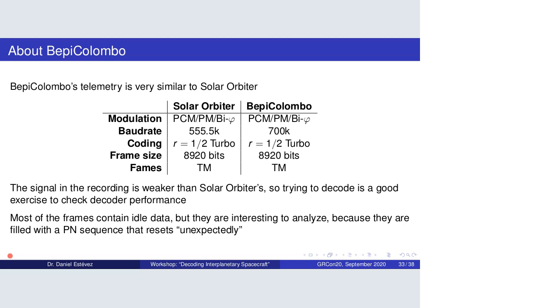But anyhow, this idle data is quite interesting to analyze because it's filled with a PN sequence, a pseudo-random repeating sequence that nevertheless resets at some rather unexpected and interesting points.